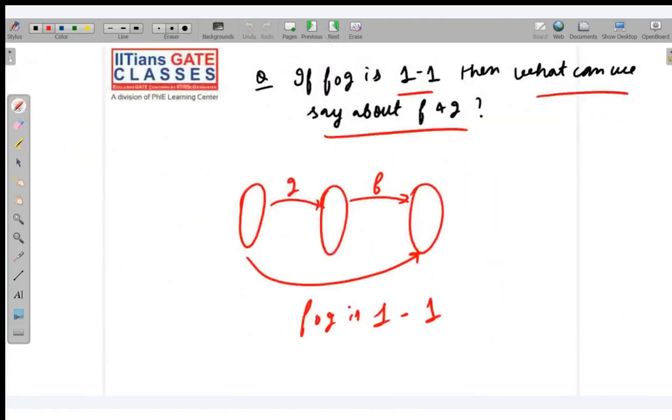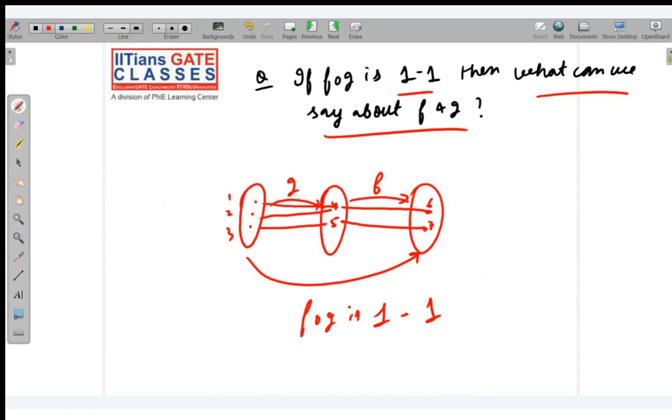Let me check that. Since f o g is 1-1, g cannot be many-one, because if g is many-one, for example, 1, 2 and 3 here, and 4, 5 there, if 1 and 2 are mapped to 4 and 3 is mapped to 5, and now 4 is mapped to say 6 and 5 is mapped to say 7, then f o g cannot be 1-1.